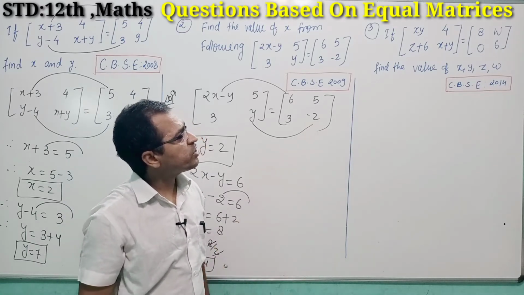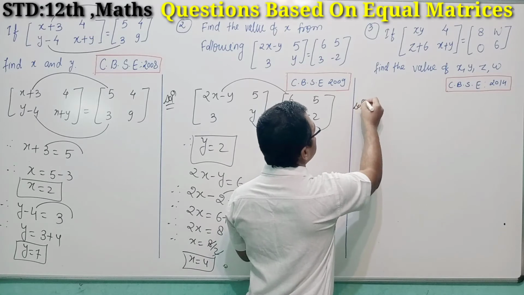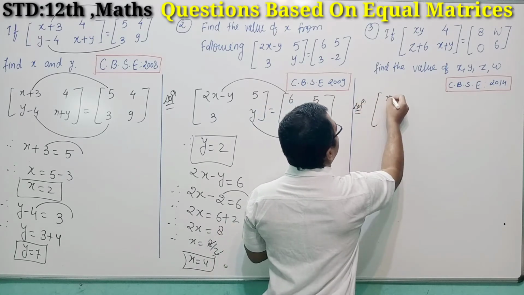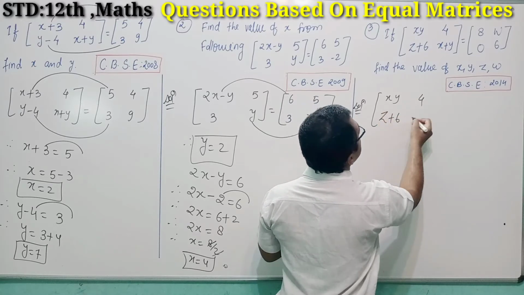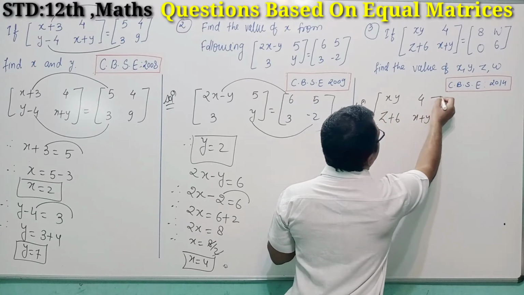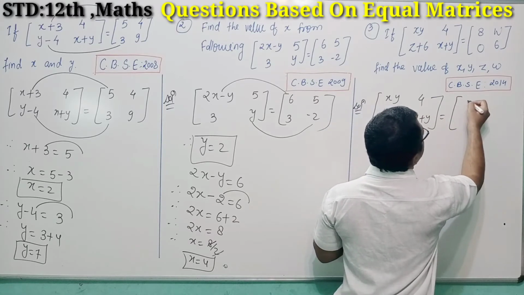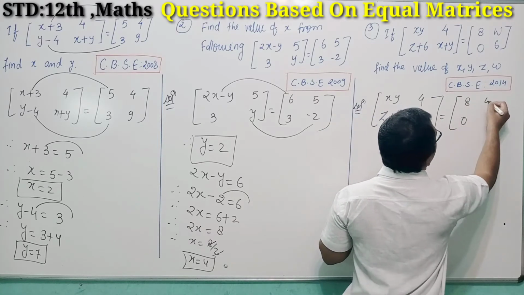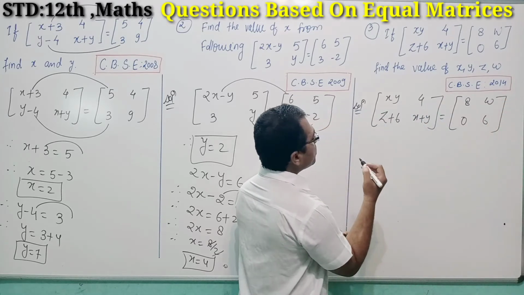So the value of x is 4, right students? Now moving to the next question. Here the matrices are: xy, 4, z plus 6, x plus y, right? And the equal matrix has 8, 0, w, 6 as the elements of the other matrix, right students?